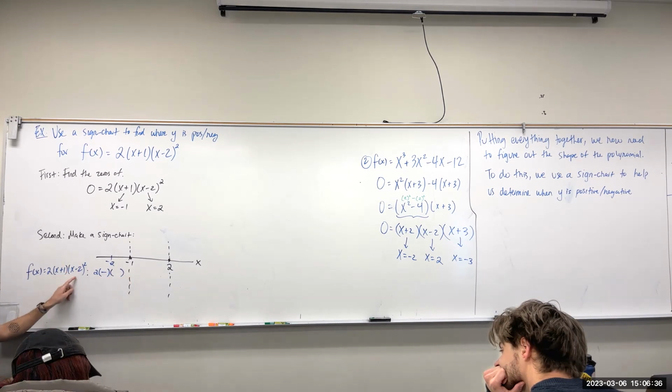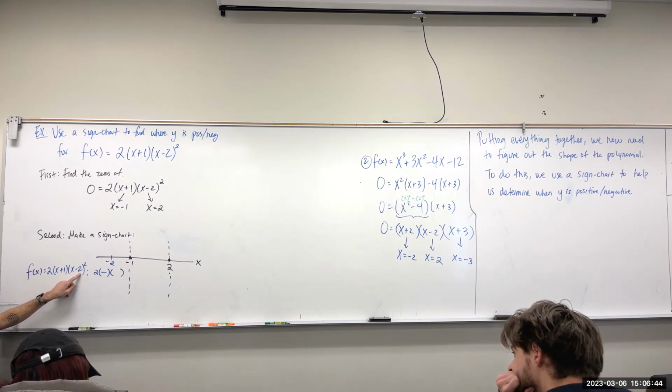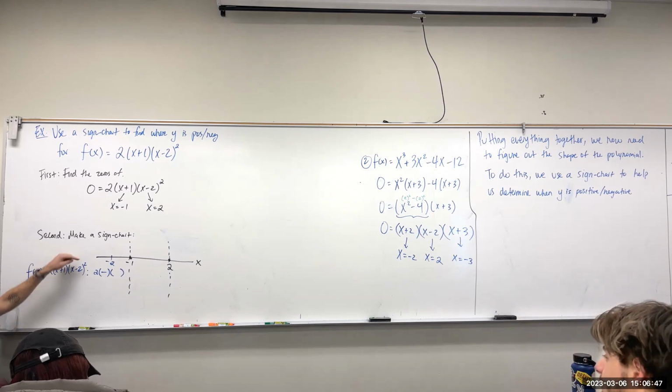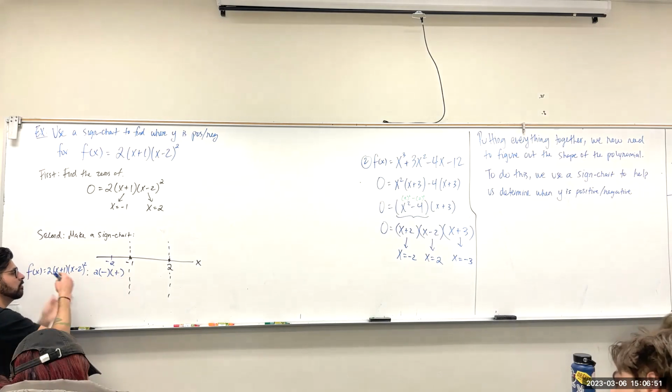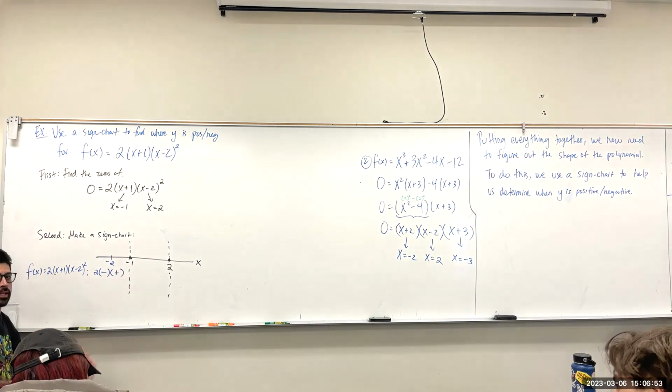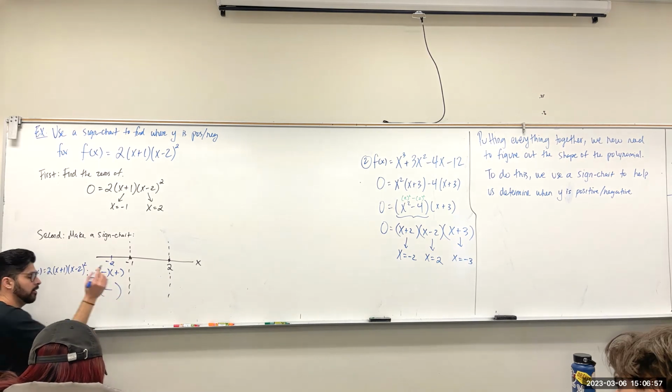What is this going to be? Positive. It's going to be -2 minus 2, -4, but you're squaring it regardless, so it's positive. So if I multiply all this out, what kind of answer will I get? Negative. So that's what I really care about, that I got a negative.